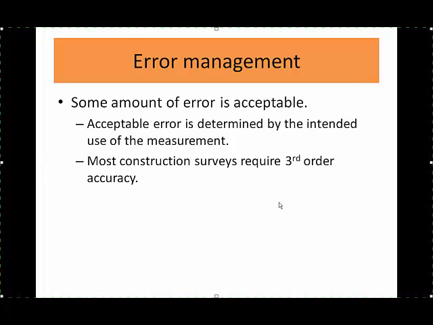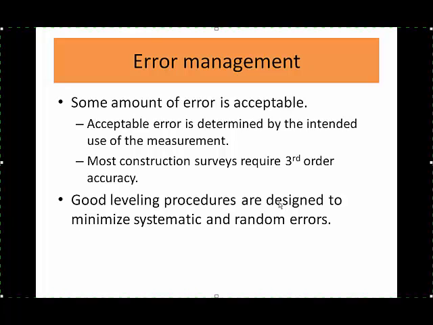Most construction surveys and engineering surveys require third order accuracy. We're going to talk about what that accuracy requirement is momentarily. So our aim is to equip you with good leveling procedures that are designed to minimize systematic and random errors. Can you eliminate them? No. But can you minimize them?